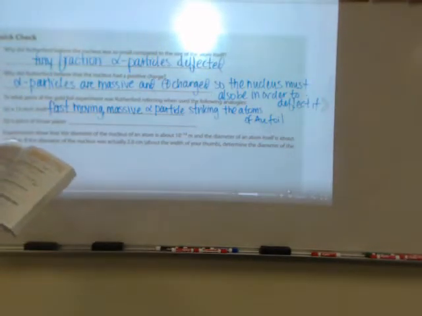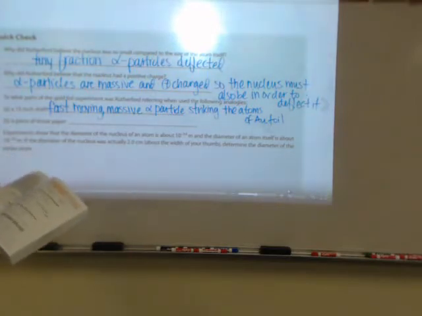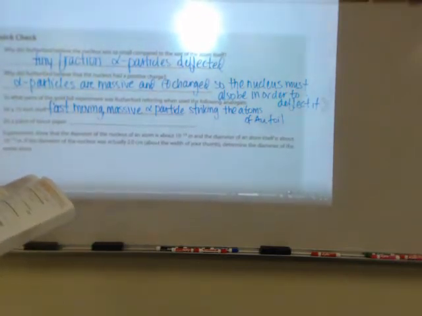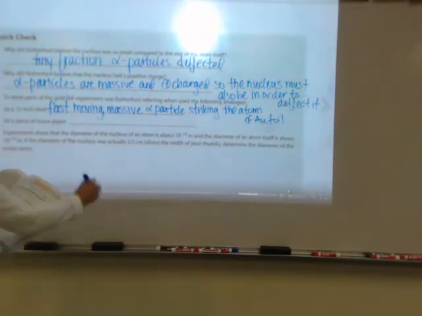B, a piece of tissue paper. So Rutherford originally considered the atoms of gold foil to resemble, according to Thompson's plum pudding model of the atom.